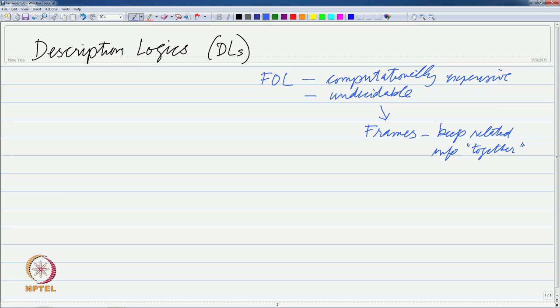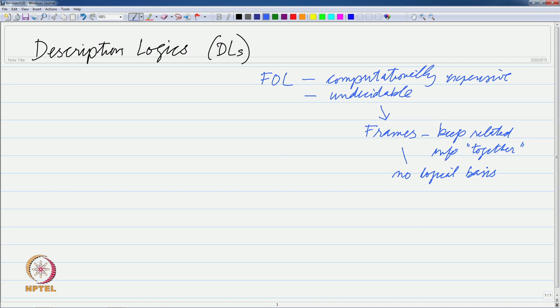They are all connected to each other and in some sense directly accessible. But the problem with frames was that there was no logical basis. It depended entirely on the user to define the frame structure, and whether what was being represented was correct or consistent was totally left to the user to decide.